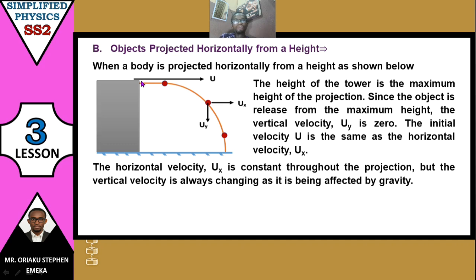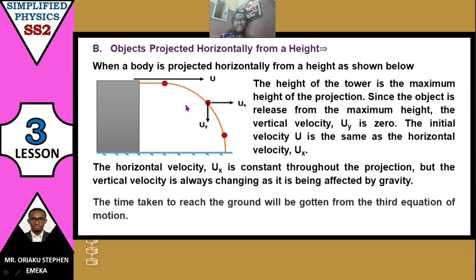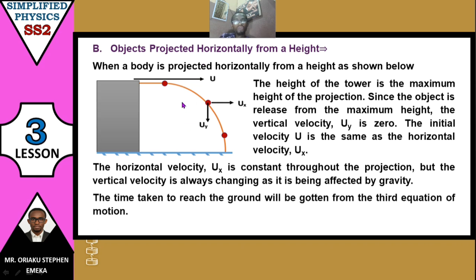So uy is 0 at this point where you are throwing it out, while ux is this value u.